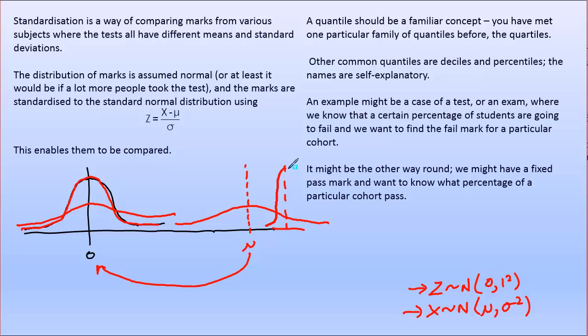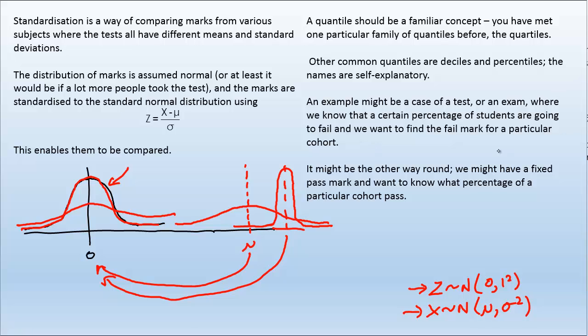So this one might actually be less spread out than the original one. But by subtracting mu, we move it back to the origin, divide by the standard deviation, and we make it into the shape of the standard normal.